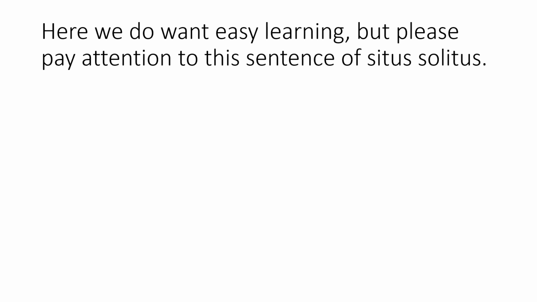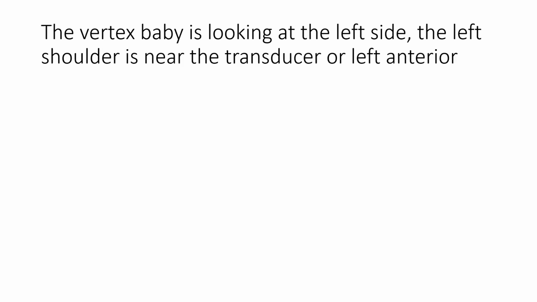So solitus is different from right hand and left hand. My way of determining is when I find the spine of the baby, I think that it is the back. So the front of the baby is toward the right of mom. So the right hand is anterior and near the transducer. And left shoulder, vice versa.